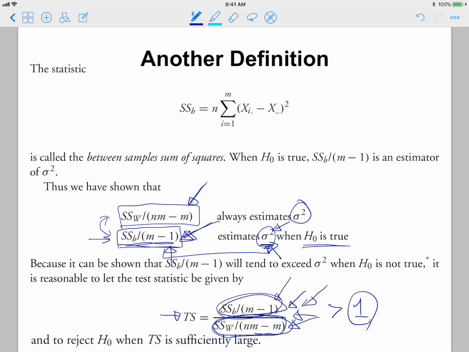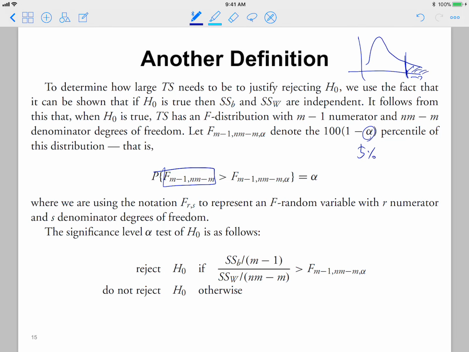Again, the numerator will overestimate the true variance value, while the denominator is a proper estimator for sigma squared. So the numerator will be larger than the denominator.